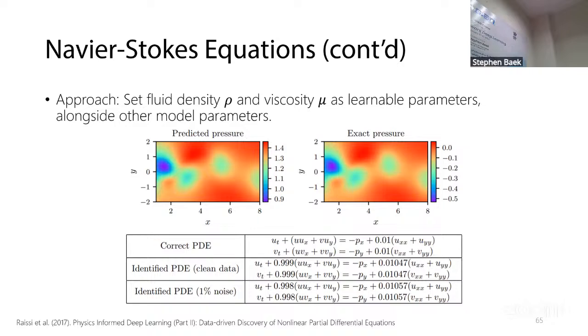So not only the velocity field and the pressure field are the unknowns, the coefficients, the fluid viscosity and the fluid density, those are set as learnable parameters. And in terms of the PyTorch syntax, this is nothing more than just setting requires grad equals true for rho and mu, and then you update rho and mu together as you train the neural network.